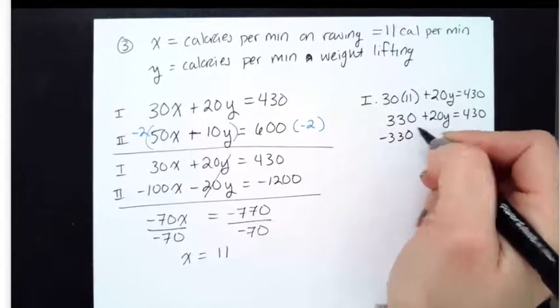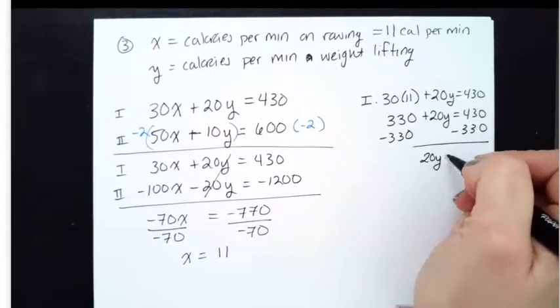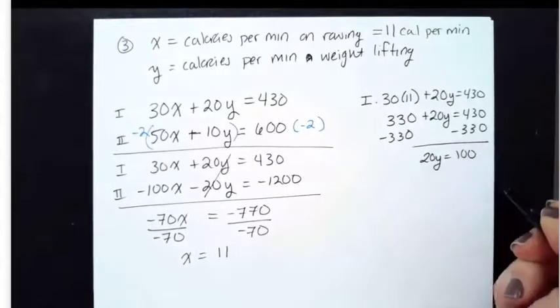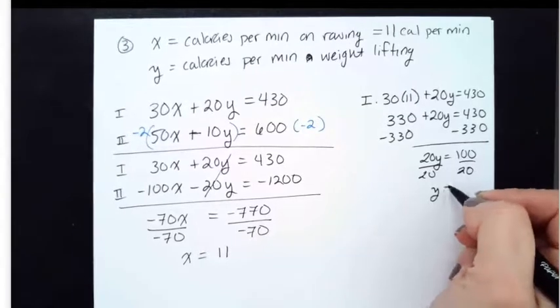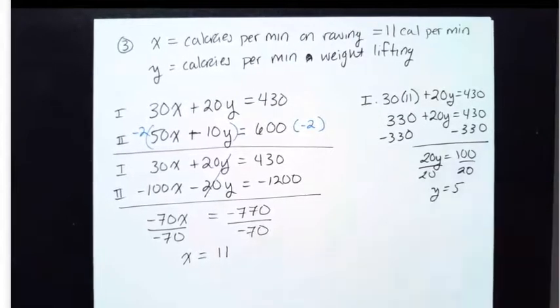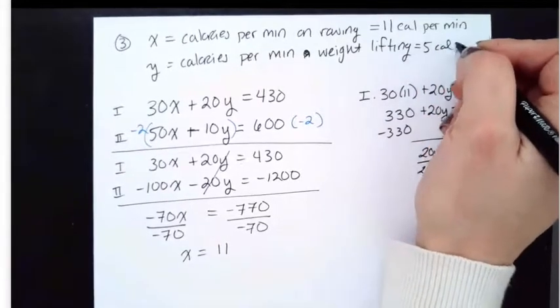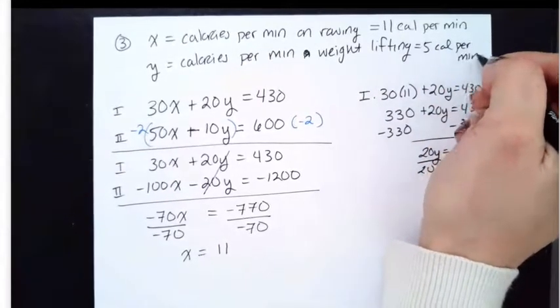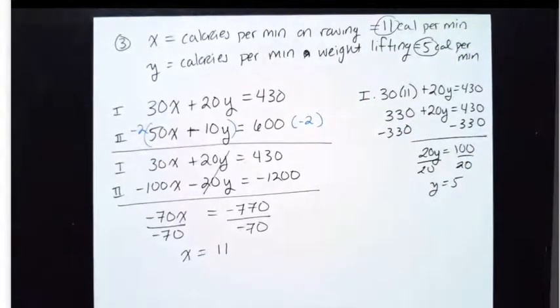Subtract 330 from both sides. 20y equals 100, and then dividing by 20, y is equal to 5. So 5 calories per minute weightlifting. So we've answered the question by defining the variables in advance, and there we know that we've answered the question. Let's take a look at number 4.